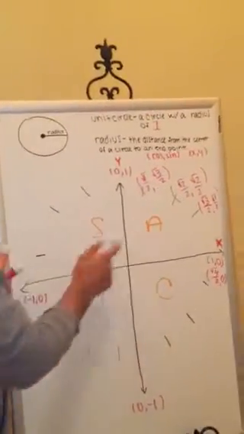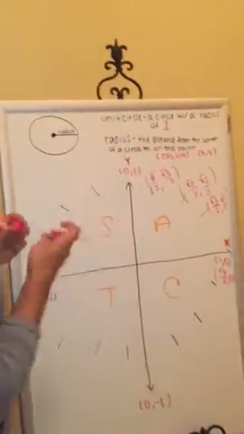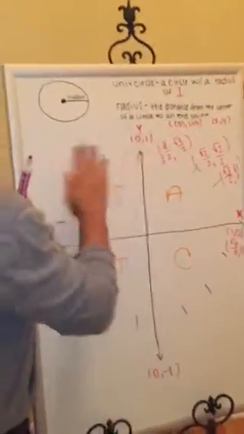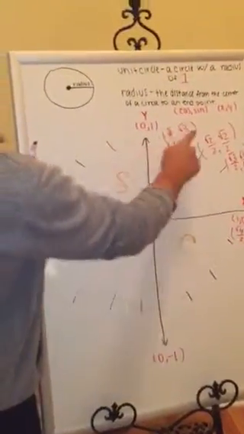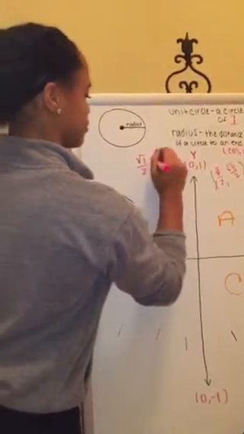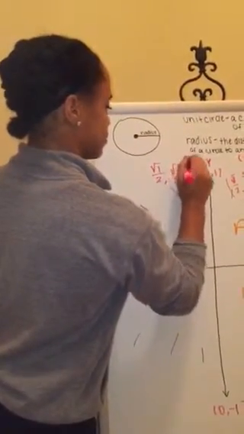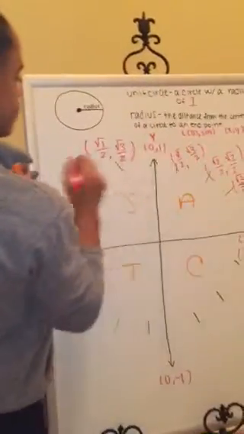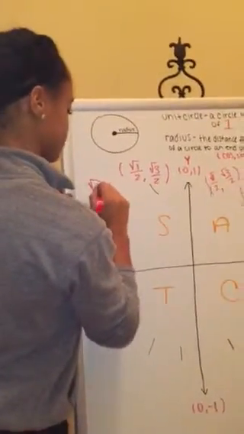So now we'll be going on to quadrant 2. In quadrant 2, we reflect over the y-axis. So, square root of 1 over 2, square root of 3 over 2. Then we go to square root of 2 over 2, square root of 2 over 2.